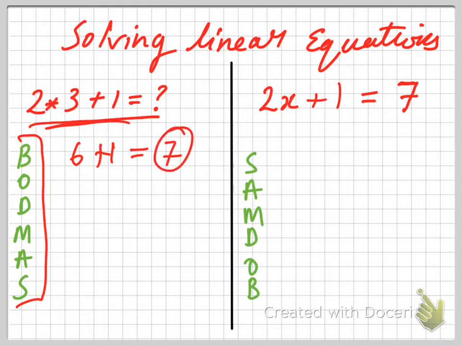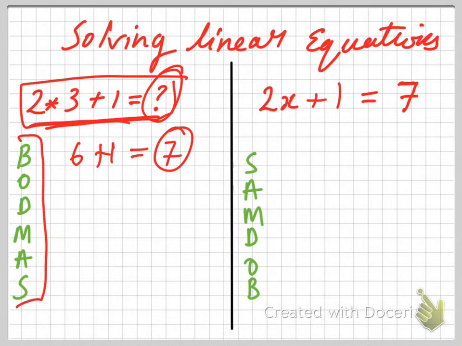Now with the same logic, solving this problem, there was only an unknown on the right side of the equation. Now with this one, it's the total opposite. That's why we are applying SAMDOB, which is the backwards version of BODMAS. So now I'm going to attempt to apply SAMDOB in order to find out this unknown here.